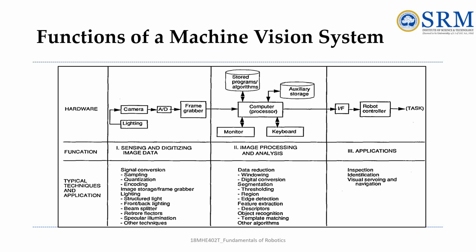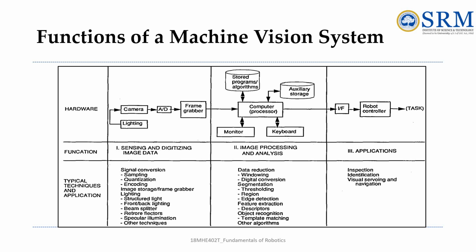That is for the binary image. The procedure is to scan the image until a pixel within the region is encountered. So this is about edge detection. Next, object recognition is by template matching techniques, and other algorithms are structural techniques.